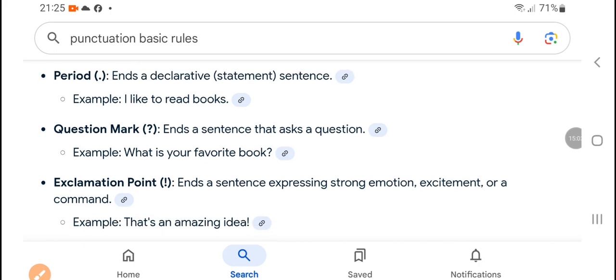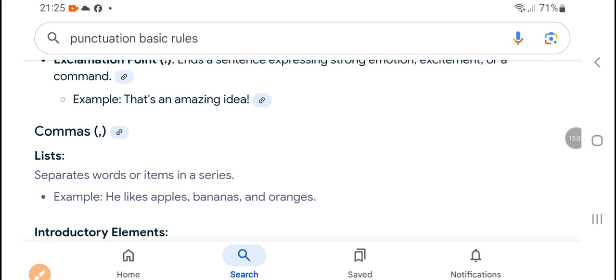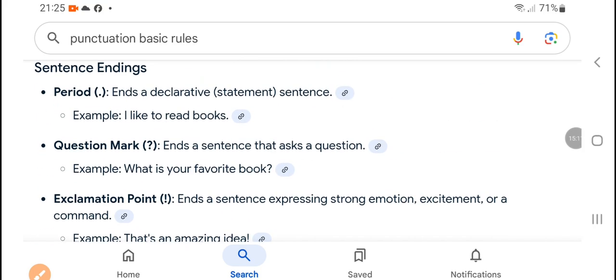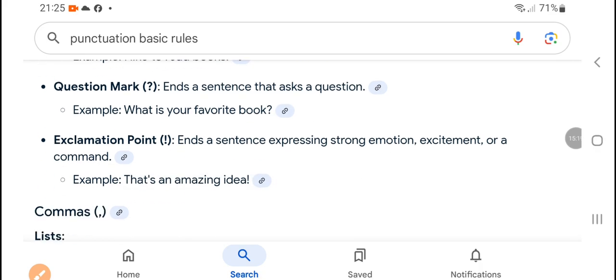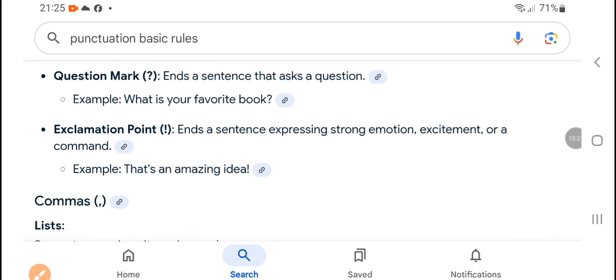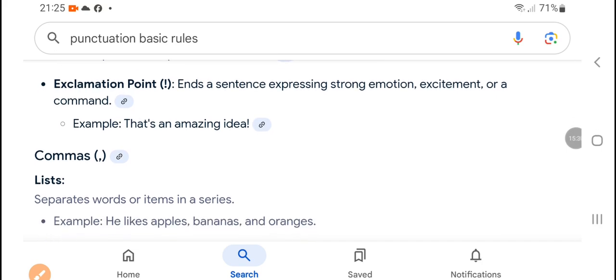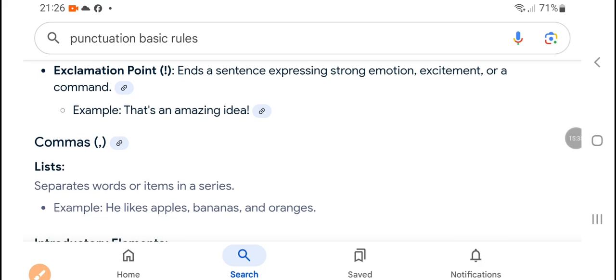Point, or period, or question mark, exclamation point, then commas we have discussed. For a simple statement, a period is used. When we raise a question, a question mark is used, and the sentence ends with a question mark. When we express strong feelings, an exclamation point or exclamation mark is used.